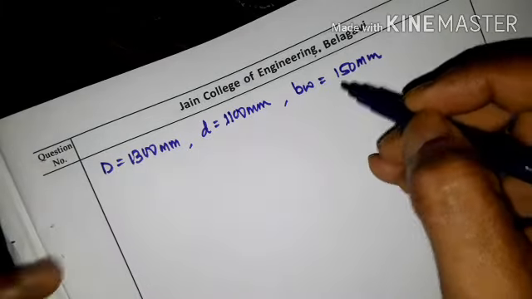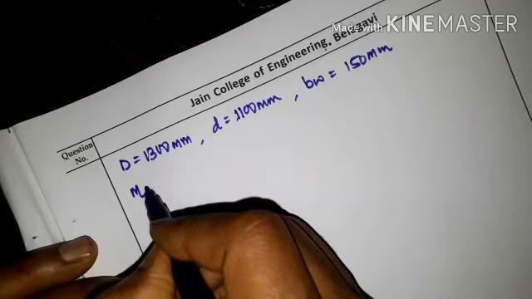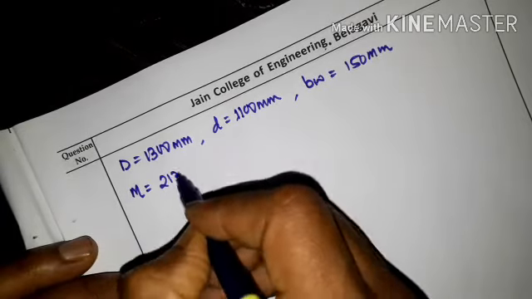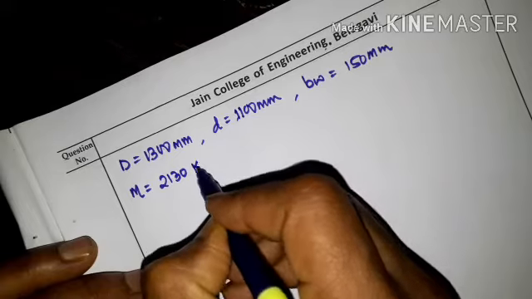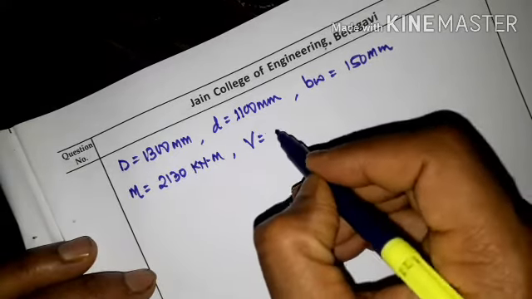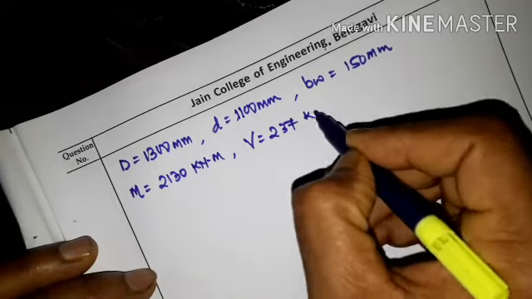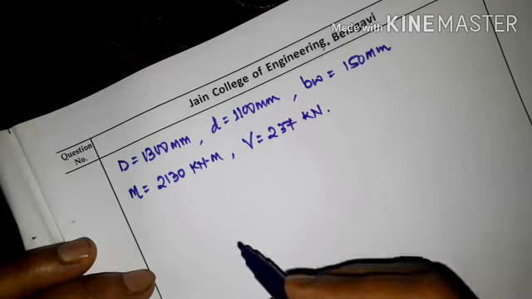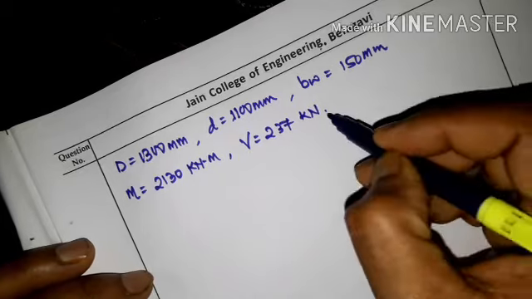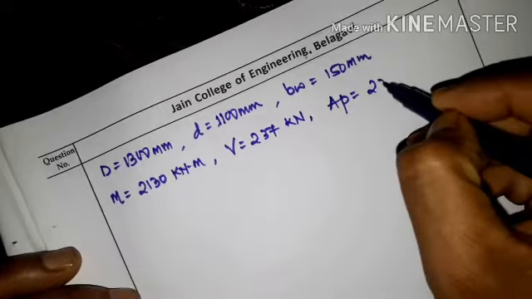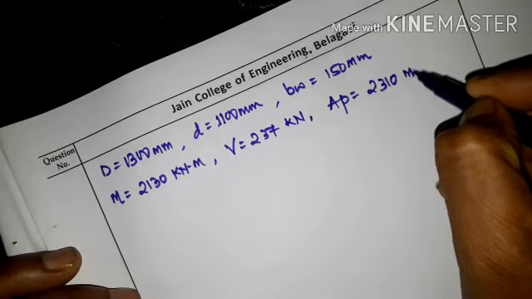Then the forces, that is moment, is given as 2130 kilonewton meter, and the shear force V is 237 kilonewton. Then the area of pre-stress Ap is given as area of steel, 2310 mm square.